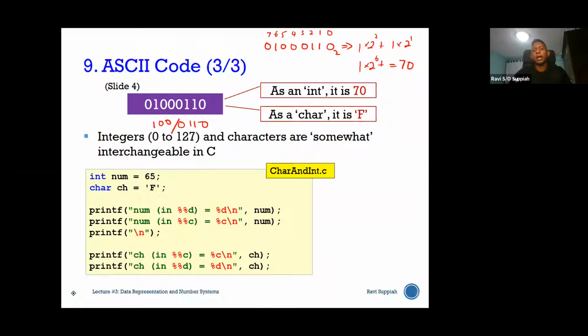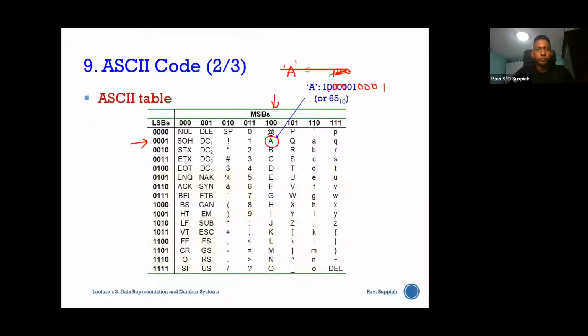Now I need to look back at my ASCII table. The upper 3 bits is 100, the lower 4 bits is 0110. So 100 is here and 0110 is here. So the value I'm representing is capital F.